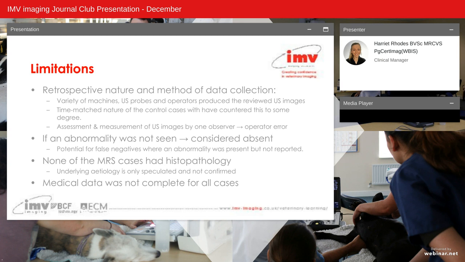And furthermore, not all of the data points were obtained for every cat because biochemical tests were performed at the discretion of the attending clinician at the time of examination. As a result, data extraction is limited by the completeness of the medical records, so not all individuals will have had exactly the same data input.